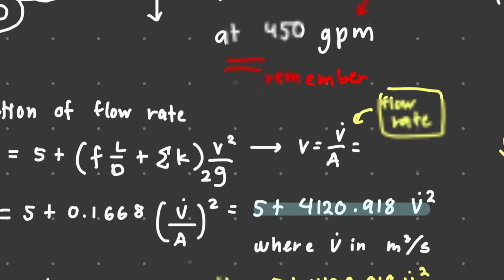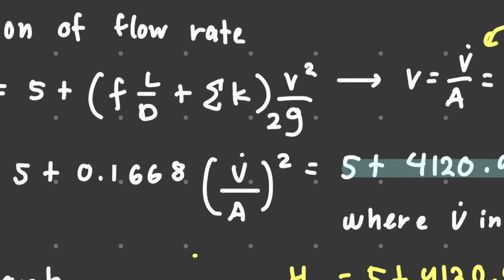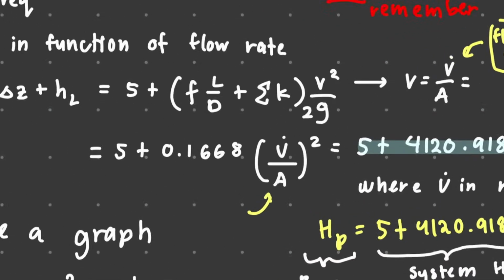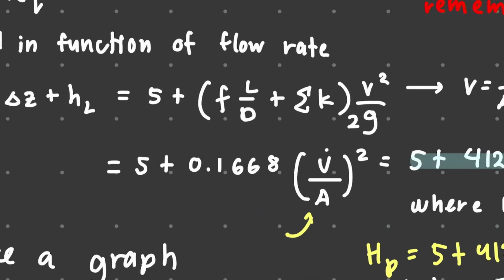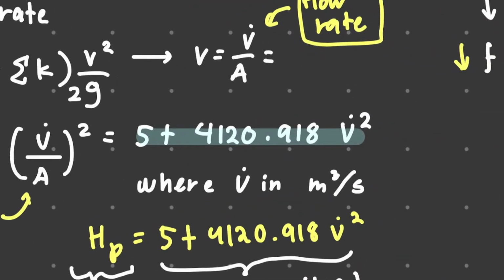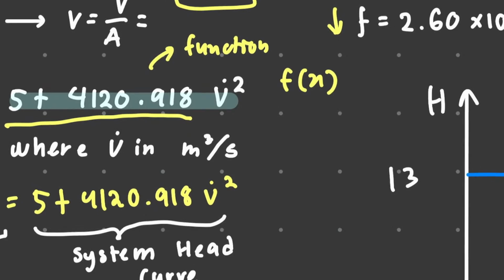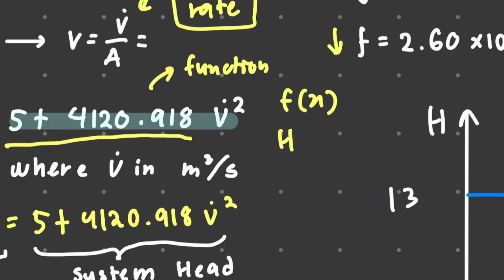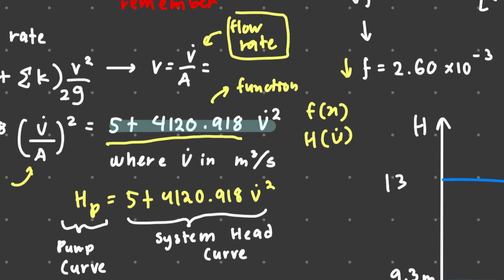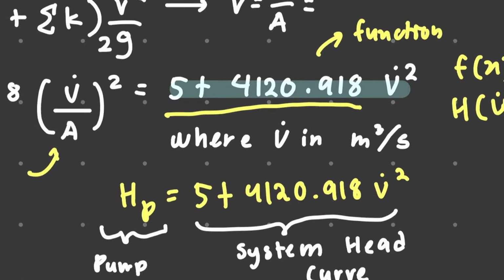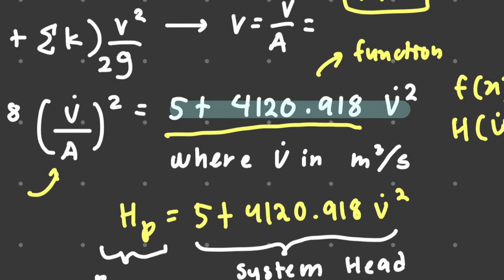So this is what we got. You put inside here, you calculate this, and then you will get this. This is the equation. This is the function. Something like that. Understand? Okay, so this is the equation that we need.